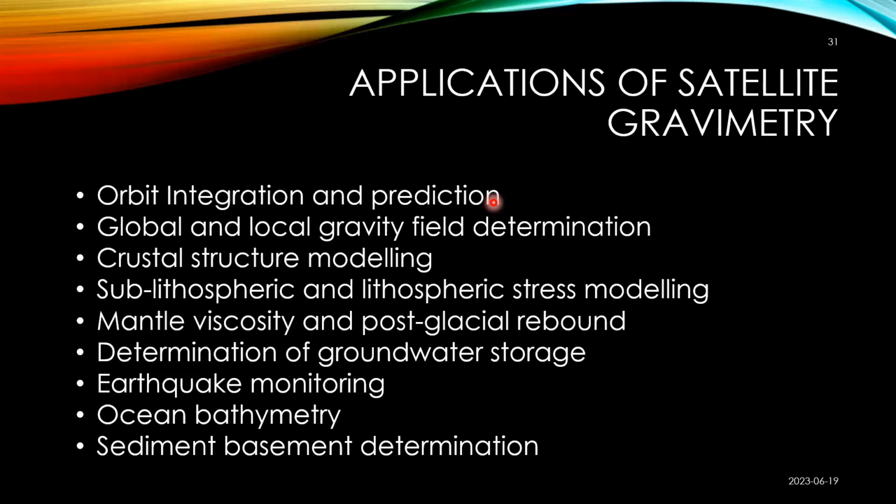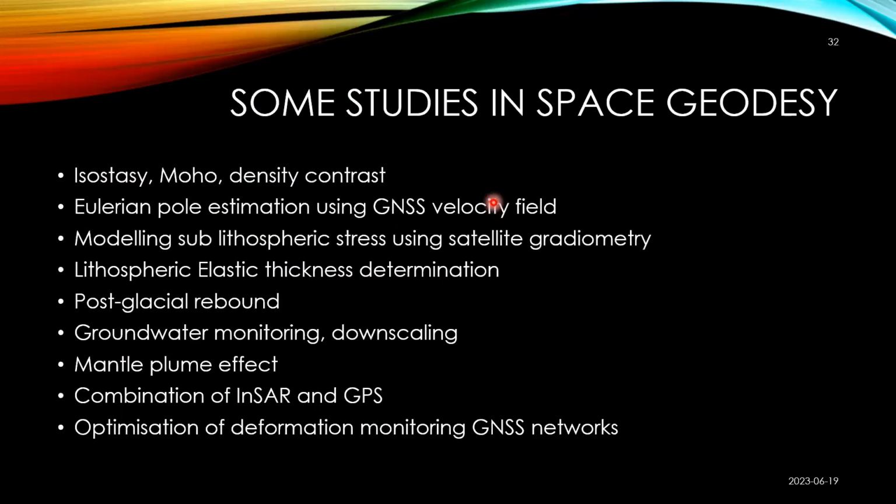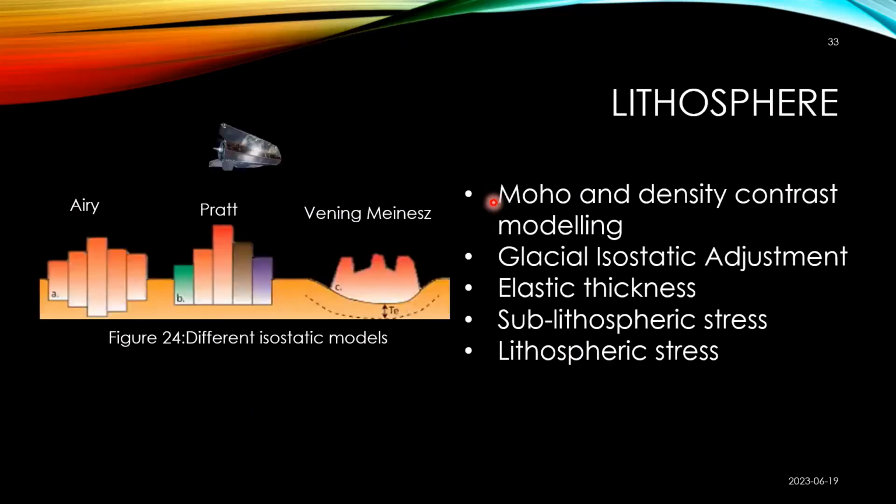You can study crustal structure, lithospheric stress, mantle viscosity, post-glacial rebound, groundwater storage, earthquakes, ocean bathymetry, sediment, and many other things that you can do with satellite gravimetry. Some of them that I have studied so far, for satellites generally in space geodesy, not only satellite gravimetry, are here. I will explain them one by one, very shortly.